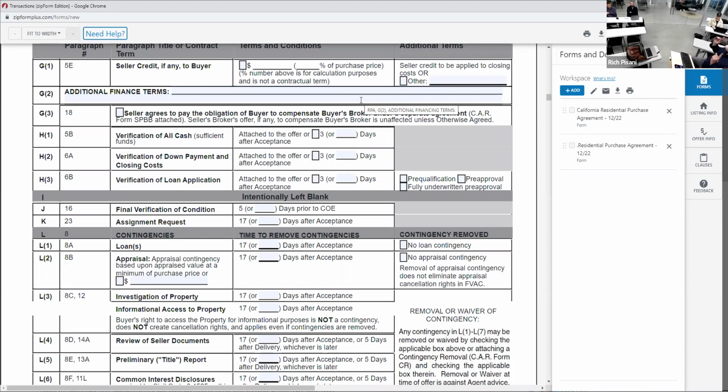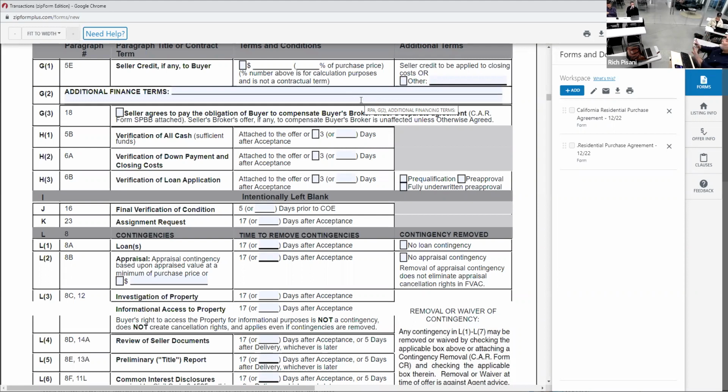Okay. But if you negotiate with the buyer to pay 3% and the seller's only paying 2.5%, that's where this comes in. Mr. Seller, the buyer is paying me 3%, you're paying me 2.5%, because there's another form that you have to add to this, and that's exactly what it's saying.